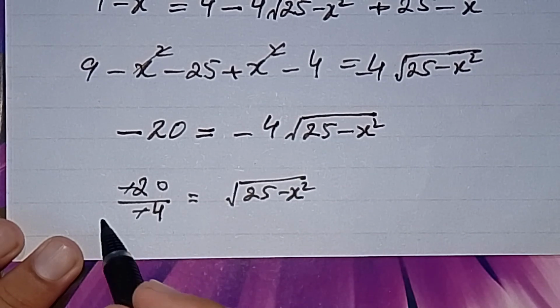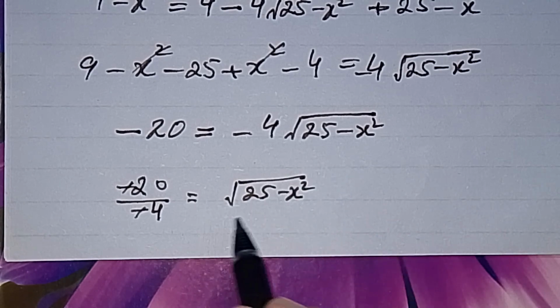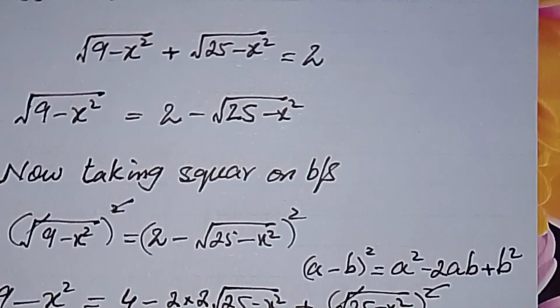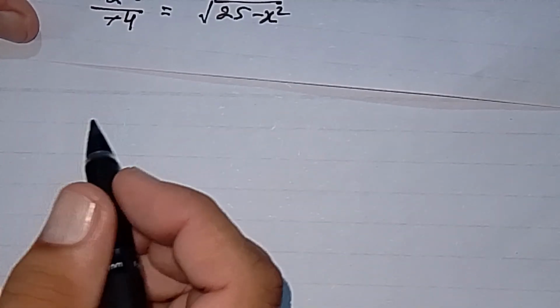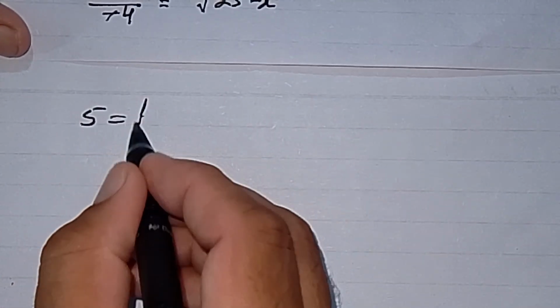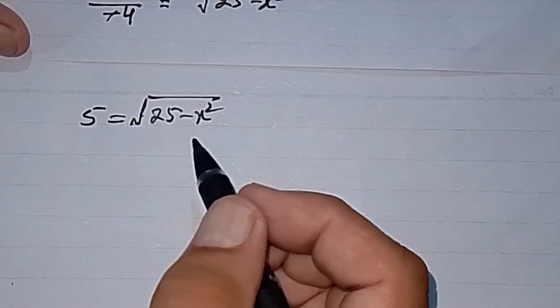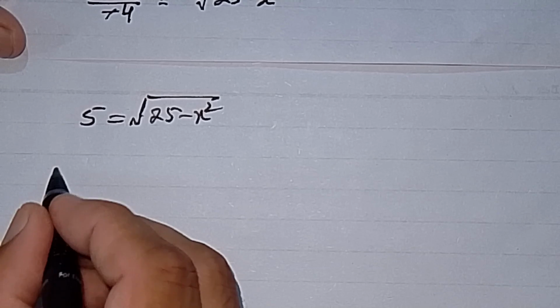Minus minus cancelled, and here 5 is equal to under root 25 minus x square.